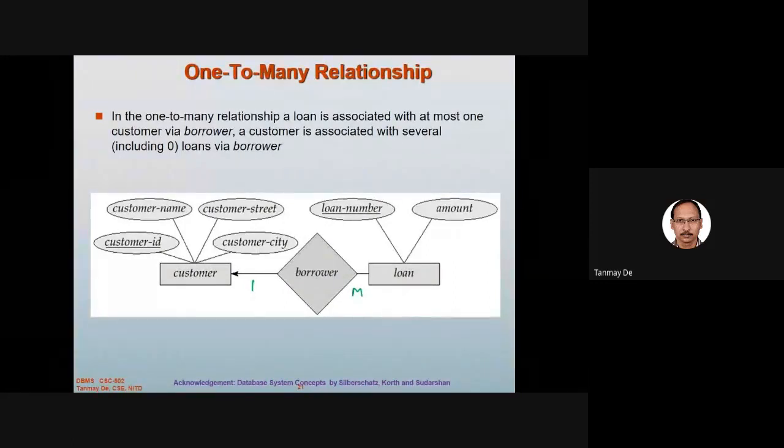So in that case, what do we assume this constraint represents? Joint loan holder is not possible, not allowed.